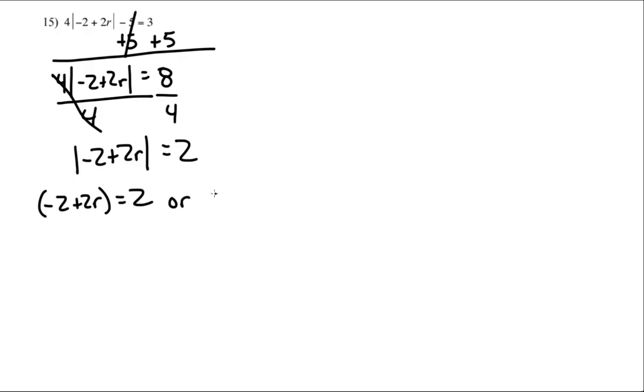Or this thing inside there, negative 2 plus 2r, could also be equal to negative 2. Because if this thing in there is negative 2, then the absolute value makes it positive 2, which is what we're looking for. So it can be equal to either 2 or negative 2.